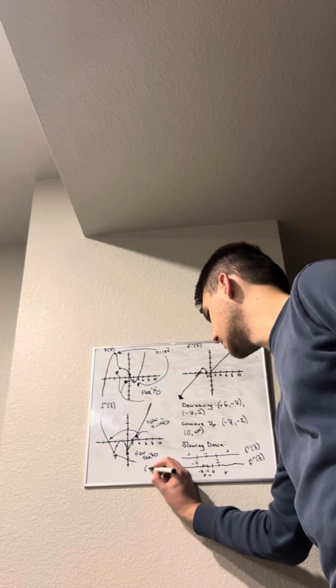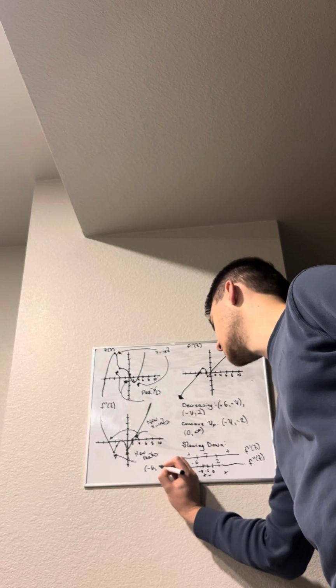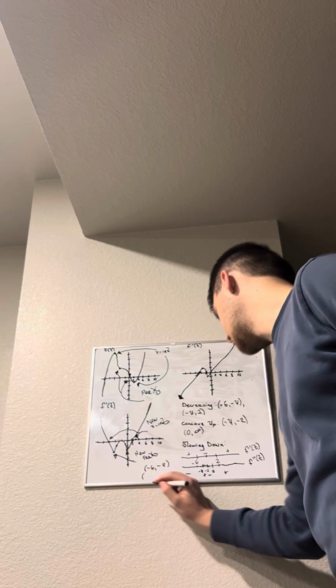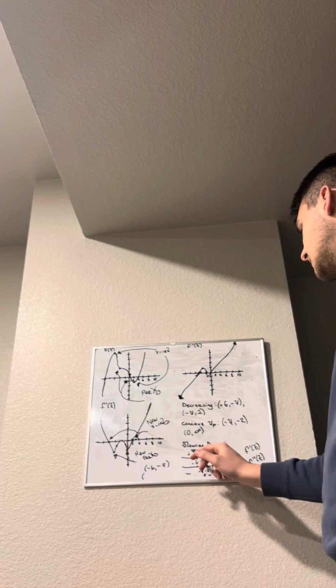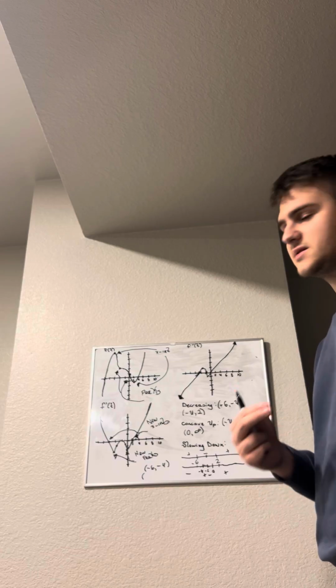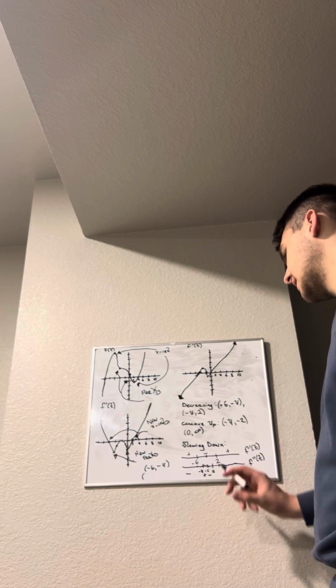I'll just write them down right here. So -6 to -4. And because they have different signs, positive and negative, that means that it's slowing down. But if they were both positive, that means that it would have been accelerating.